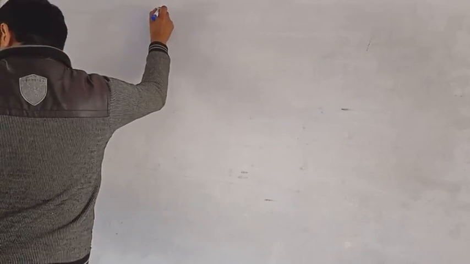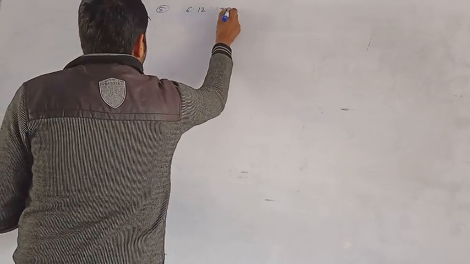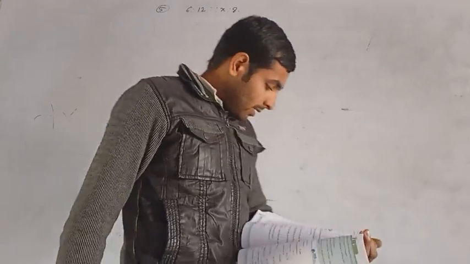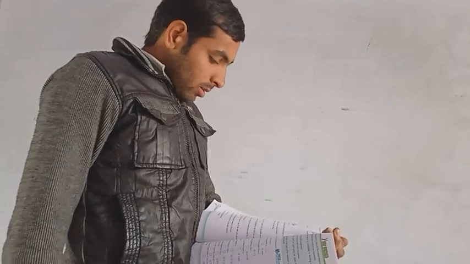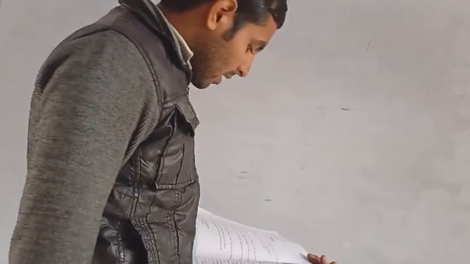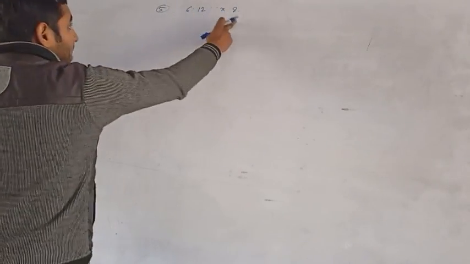How long will it take for 12 people to do the same piece of work? So 6 ratio 12 proportion x ratio 8. Because you have to find the time taken by 12 people to do the same piece of work.